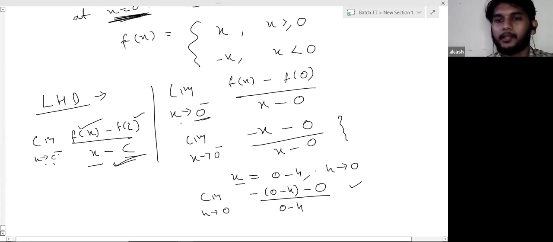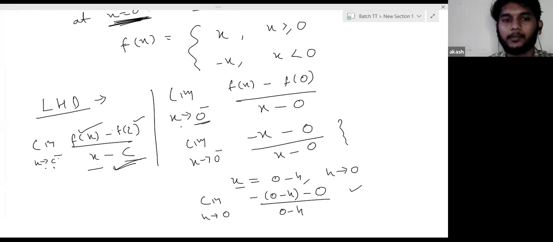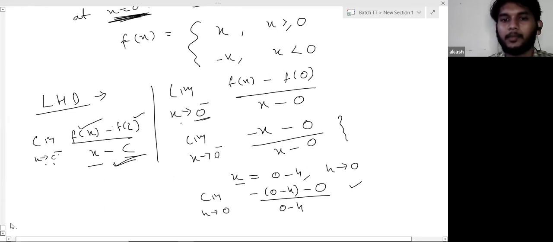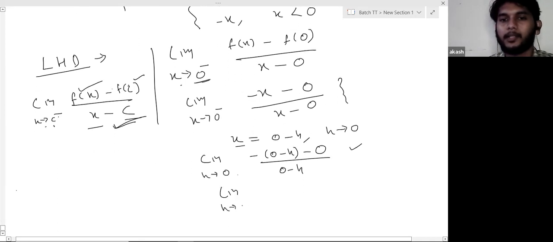So now opening these brackets, we get limit h tending to 0, minus 0 plus h upon minus h. So this is minus 1. So we got LSD as minus 1.